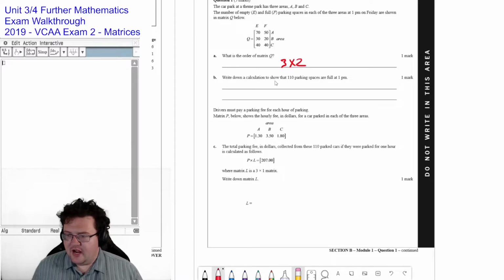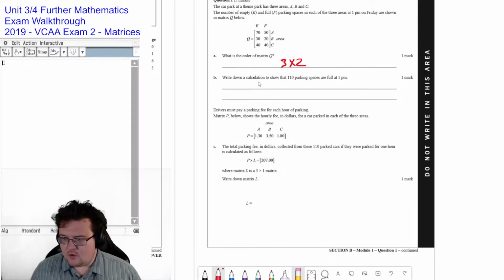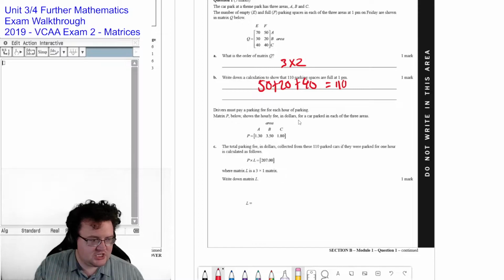Write a calculation to show that 110 parking spaces are full at 1 p.m. Well, 50 plus 20 plus 40 is 110. Now, they never said you had to write a matrix calculation.